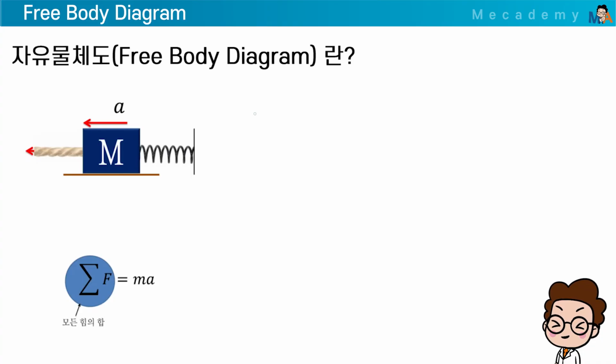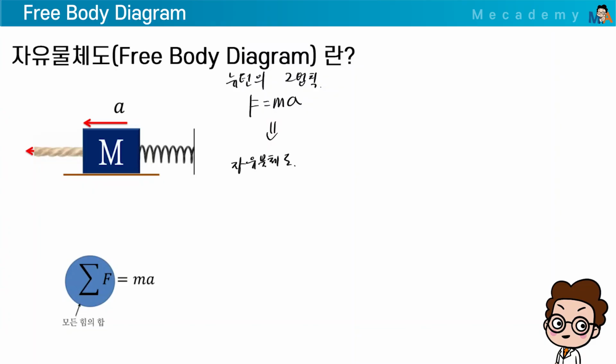So the important thing here is that we need to remember the formula F equals ma. This is Newton's law. This is Newton's second law. Then Newton's second law is through the free body diagram, because the free body diagram only cares about forces acting on the object, as it represents all the forces. So what do we find using the FBD?